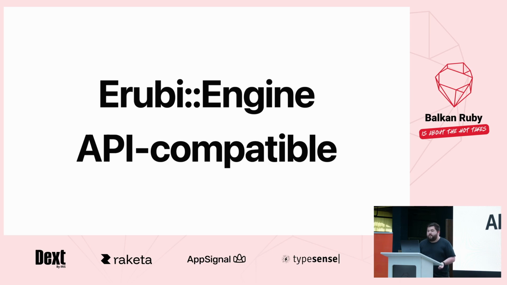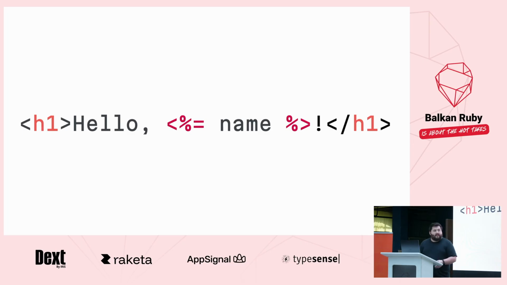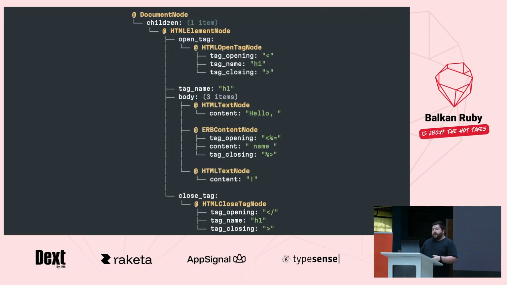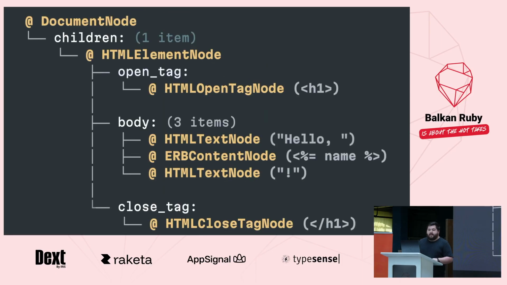It's API compatible. So when you take this template again, this time including the closing tag, we can parse this template using Herb, and it will give us this syntax tree as a result. I will zoom in on this so you can see it better, but the idea is that we have a document, there's an HTML element node inside of it, it has an open tag, it has the body with all its contents, and there's a close tag to close the element off.